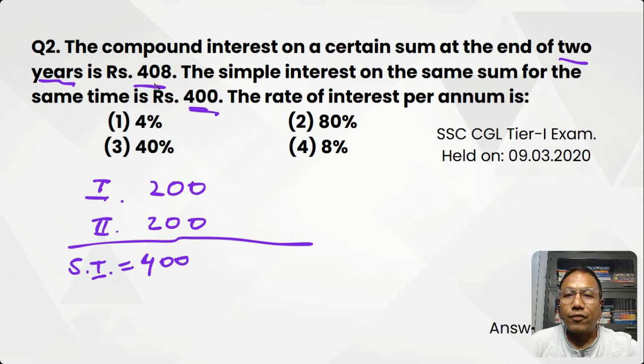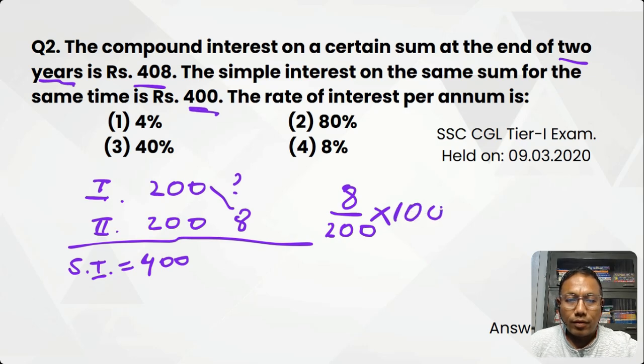Now, what is the difference between 408 and 400? That is 8, right here, 8. Now we are asked to find this value. 8 is what percent of 200? 8 out of 200 is what percent?